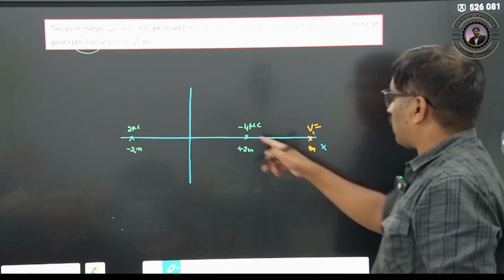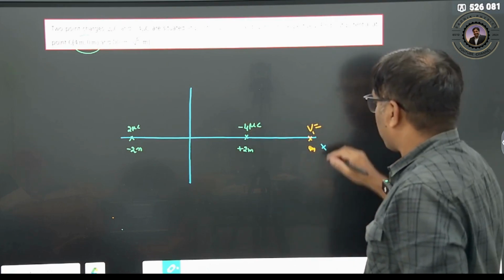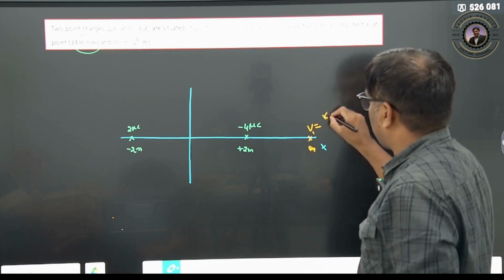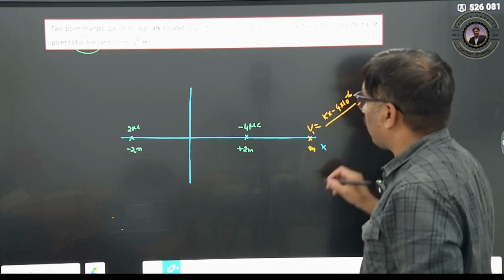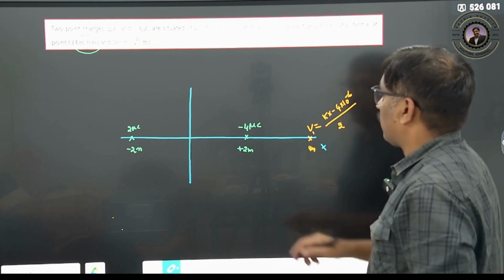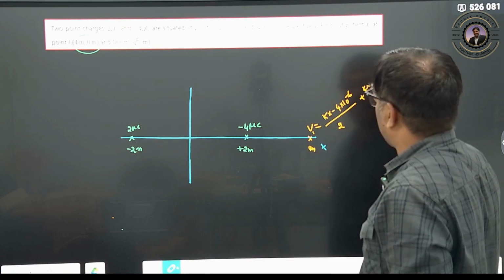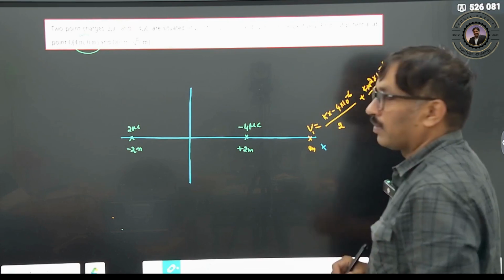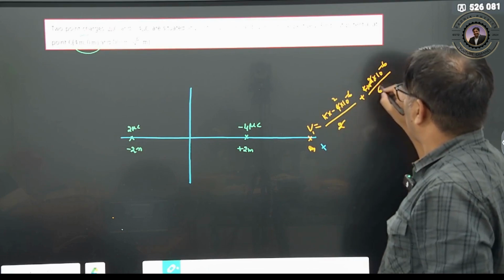From the other charge the distance is 2 meters. The potential due to the negative charge is k into minus 4 into 10 to the power of minus 6 divided by 6, and due to the positive charge it is plus k into 2 into 10 to the power of minus 6 divided by 2.